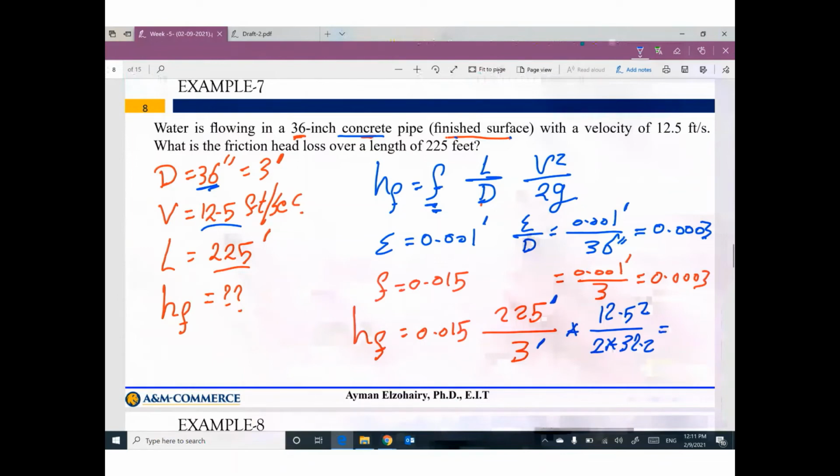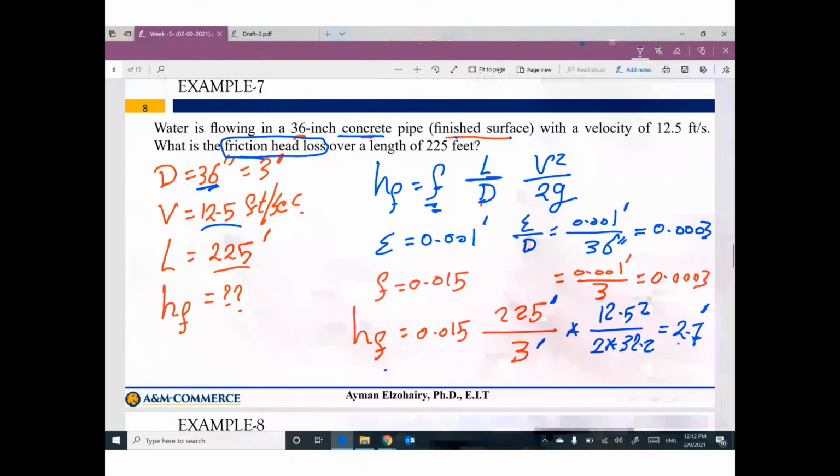I can get the final answer, 2.7 feet. So the friction head loss, which is called HF, will be 2.7 feet losses.